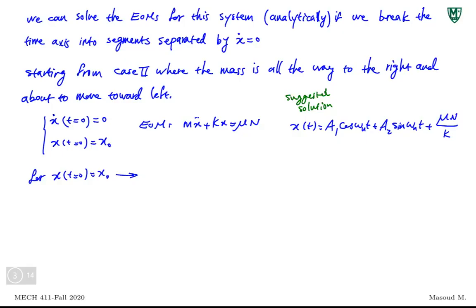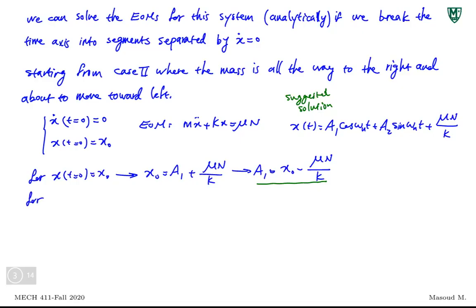So plug in: cosine 0 is 1, so this becomes a1. Sine 0 is 0, plus mu n over k, which is just a constant. So from here I can find a1. a1 would be x naught minus mu n over k. So the first constant in this suggested solution I found is a1.